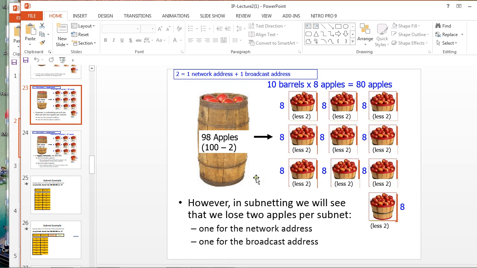This is an analogy I used last time: we have a big barrel of apples, and we want to divide it into many small buckets of the same size. It's the same thing with a network. When you apply subnetting, you're dividing this big network into many small networks of the same size.